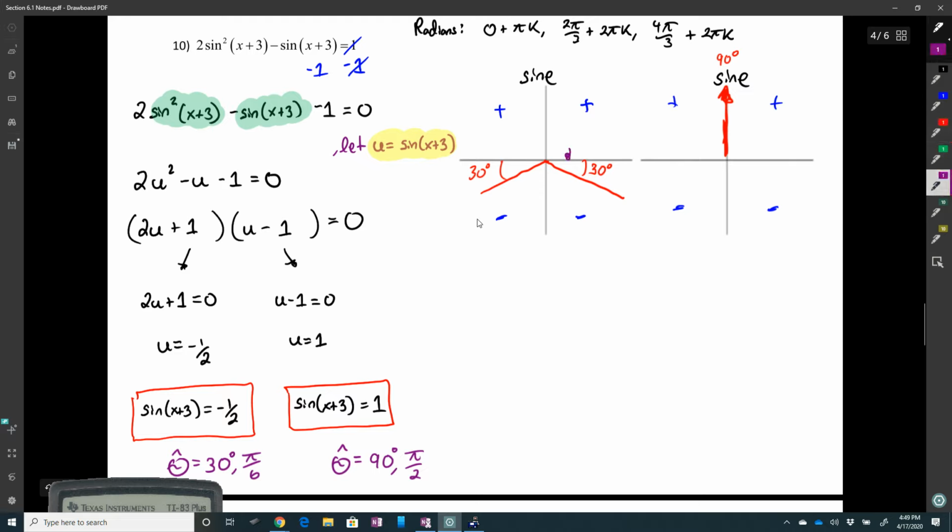If I start at the beginning and I go all the way here, that's 180 plus 30. That's 210 degrees, so 210 degrees plus 360k. And then I can start and go to this one. And that's 30 short of a full rotation. Well, 30 short of a full rotation would be 330 degrees.